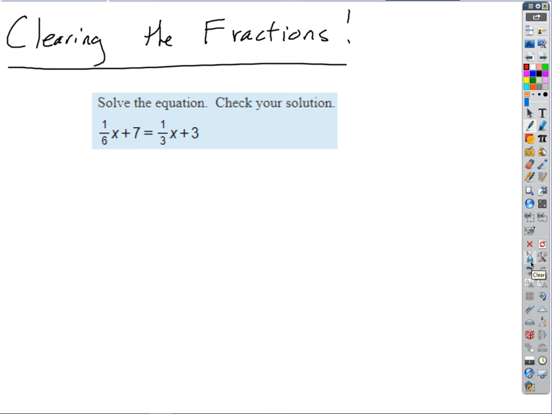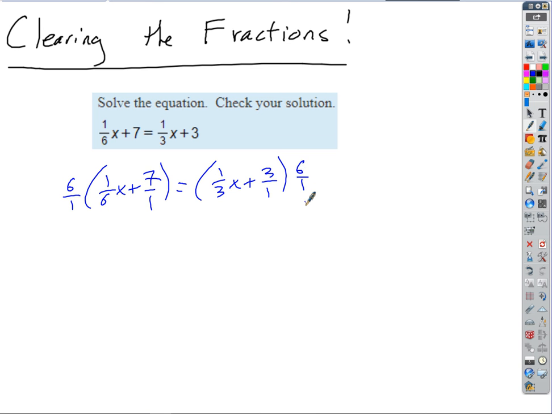So we're going to multiply each side through by 6. I can write that as 6 over 1 if I want to. I could write the 7 as 7 over 1, that's fine. Don't really have to. What am I going to get then if I distribute? Picking that number was a good choice.